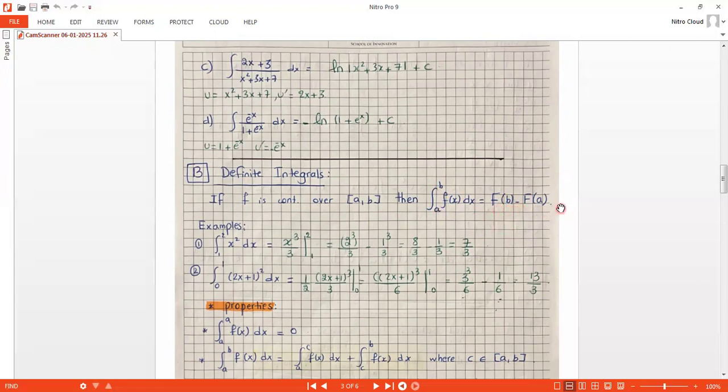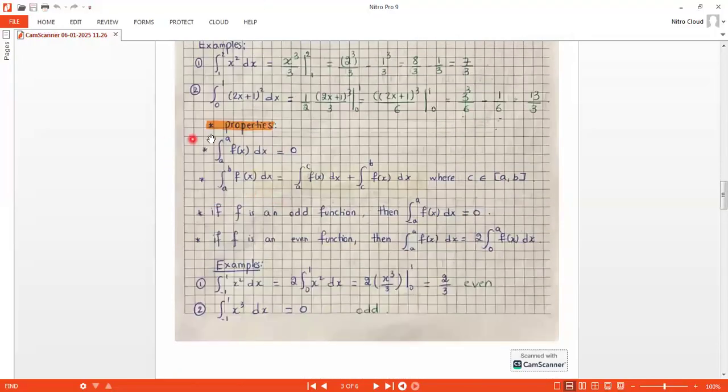I'm going to take a direct example so you can understand it quickly. We have the integral from 1 to 2 of x squared. What's the integral of x squared? It's x cubed over 3. Now I need to replace 2, which is 2 cubed over 3, minus replace 1, 1 cubed over 3, so the final answer is 7 over 3. So when I say definite integrals, I mean I have to obtain at the end a constant number.